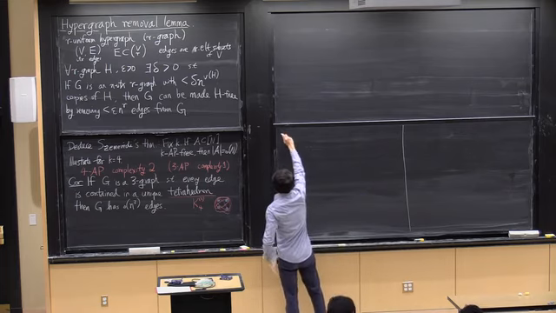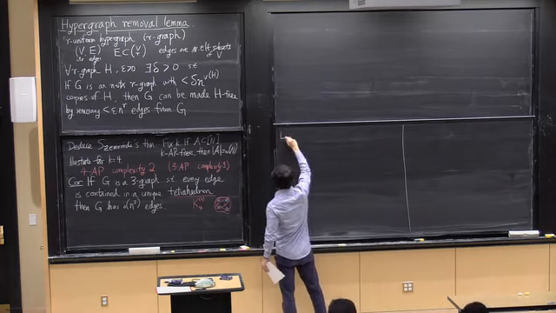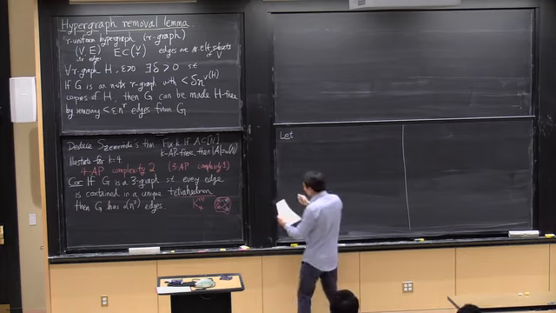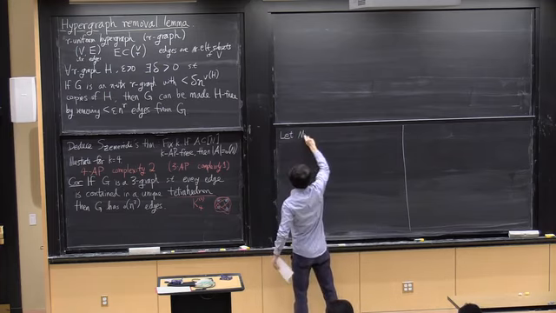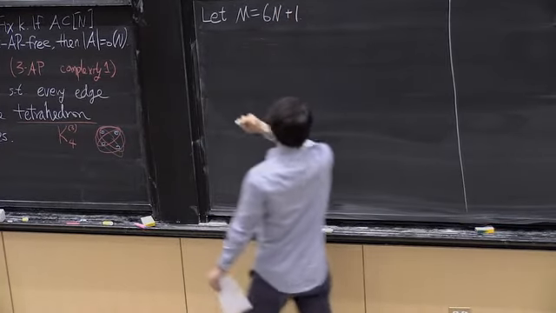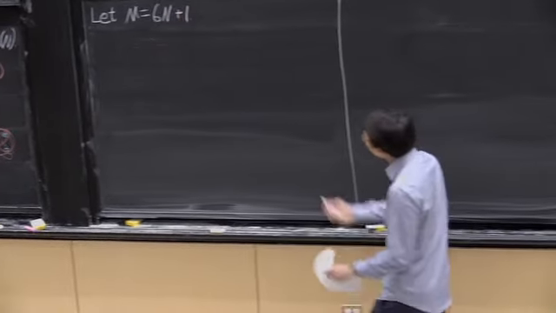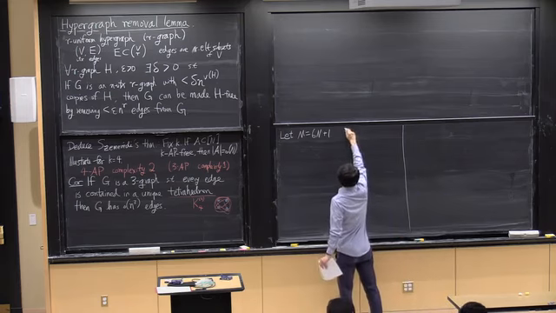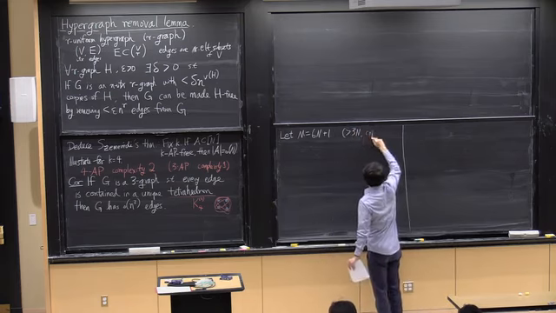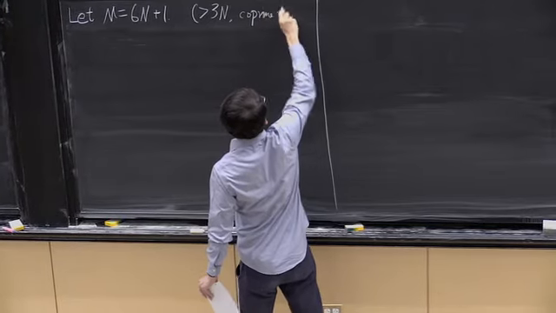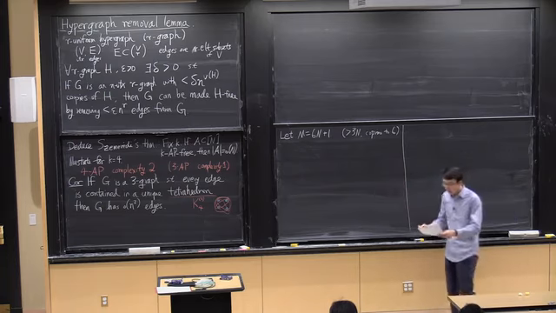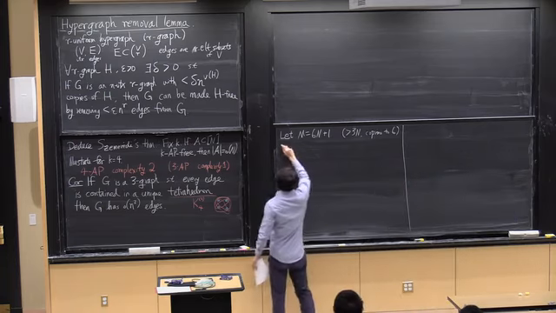Just as in the proof of Roth's theorem, we're going to set up some particular 3-graph. Let's look at a certain modulus, m being 6n plus 1. The exact number is not so important. I really just want that this number is bigger than 3n and is co-prime to 6. So we'll see some divisibilities by 2 and 3 that will be useful.